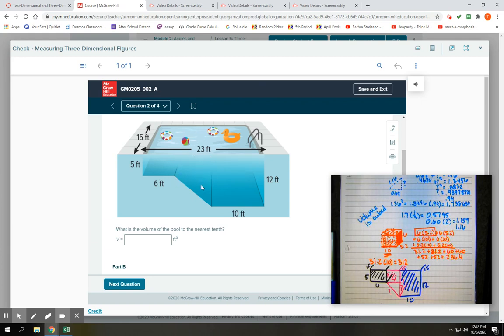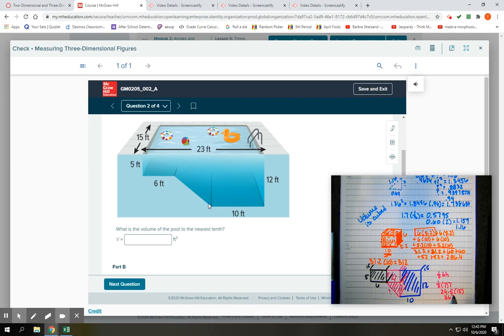Now for the slanty part, we got to find the area of this triangle. Triangles being 1/2 base times height, so 1/2 times 7 times 7, which is 24.5, and then that goes back the same 15 feet, so we got to multiply that by 15.